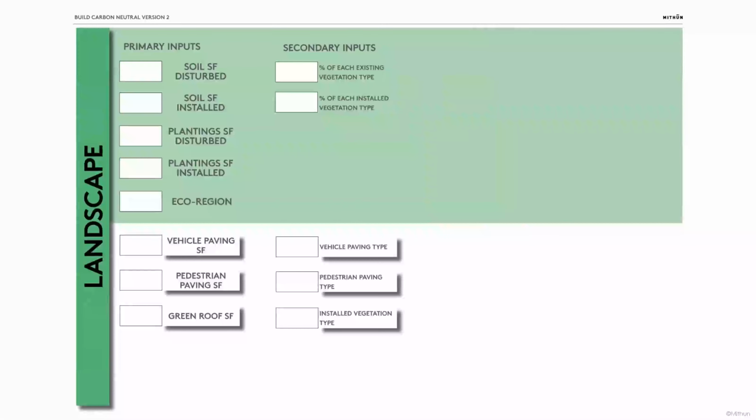And then for the landscape as well, there's quite a bit more complexity, although the main landscape part of it is pretty much the same. We're giving an option for a percentage of each type of vegetation that might be going into the project.